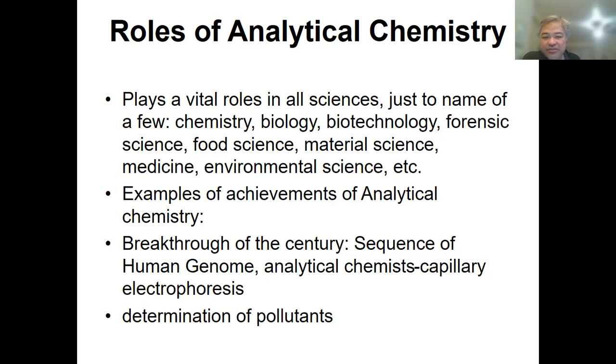Chemistry, biology, biotechnology, forensic science that we have here, food science, material science, medicine, and environmental science. When the human genome was sequenced, they used analytical chemistry, the capillary electrophoresis. If you want to determine the pollutants, you use analytical chemistry there.